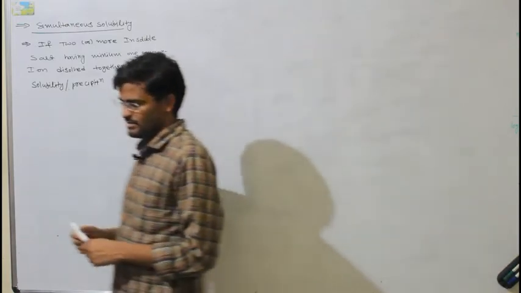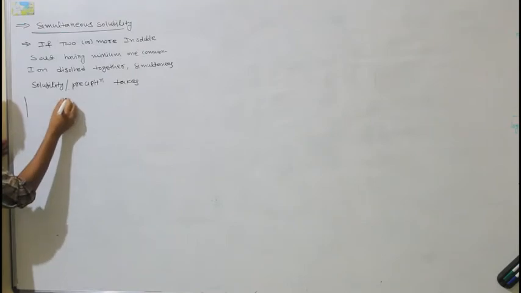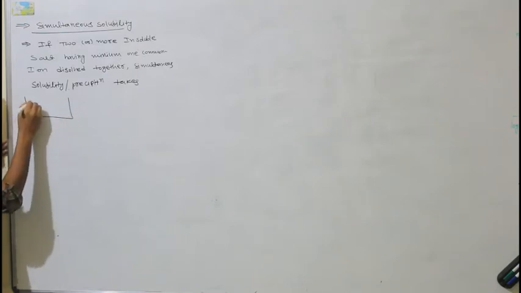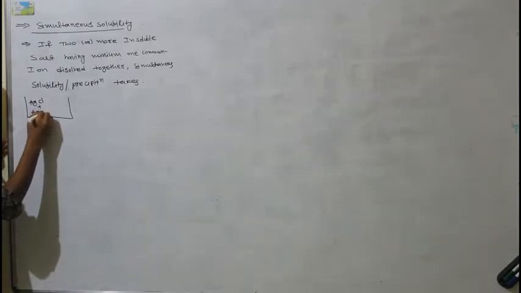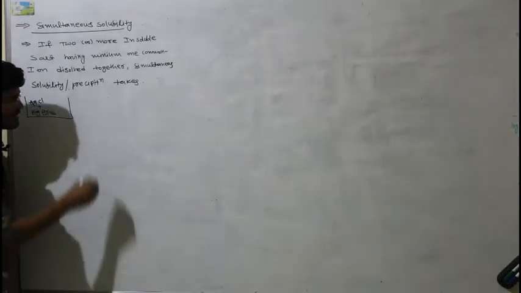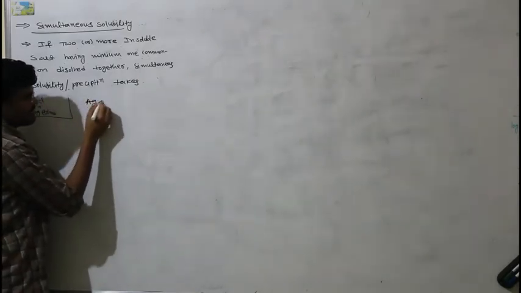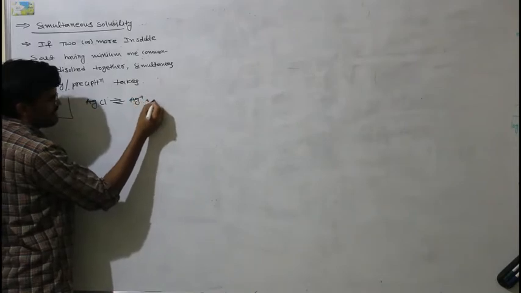For example, in one container I am dissolving silver chloride as well as silver bromide. Both I am mixing. Silver chloride will split into Ag plus and Cl minus.